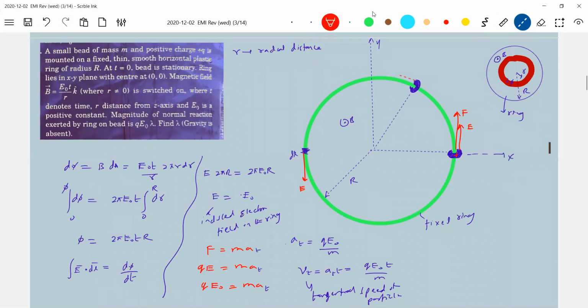It will have tangential velocity, then the magnetic force, B bar, q v B. Now how should the normal reaction act? In any direction or a specific direction?